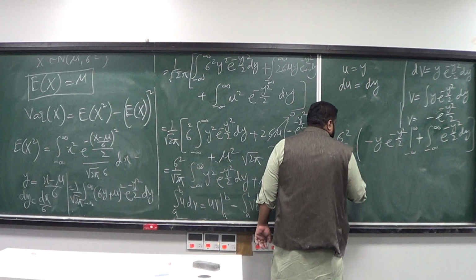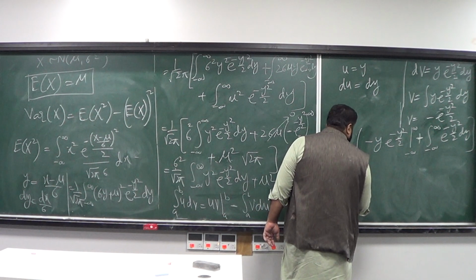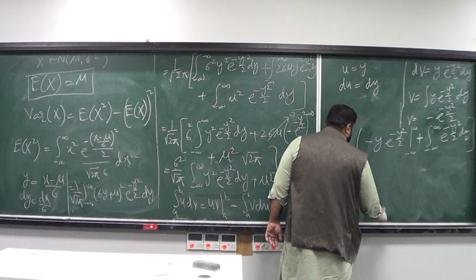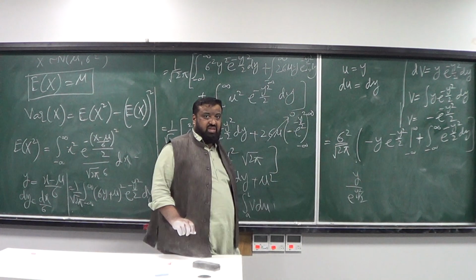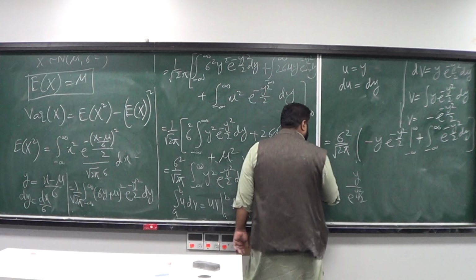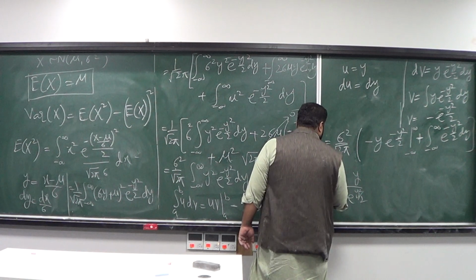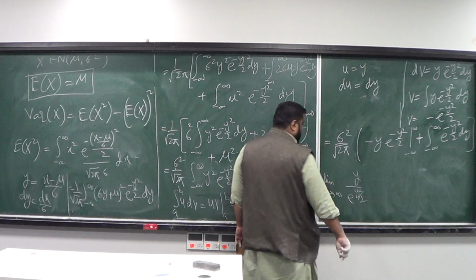So I have this function y by e to the y square by 2. Then I want to take the limit as y goes to plus infinity.